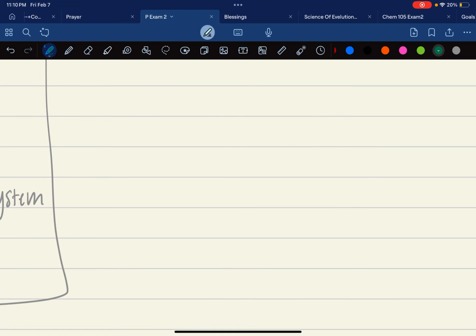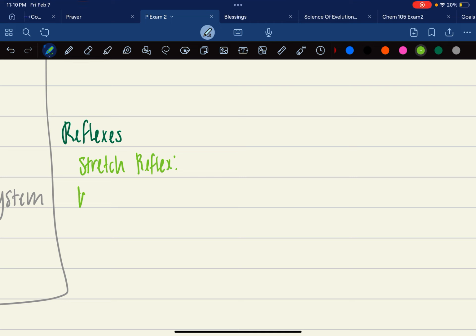And then we have reflexes. We have the stretch reflex, which is just when a muscle contracts in response to stretching within the muscle.